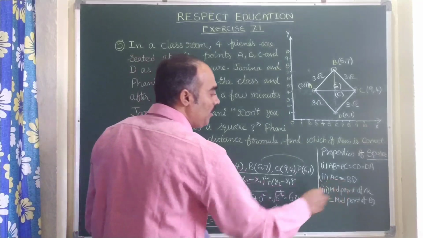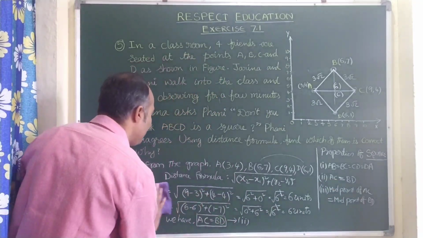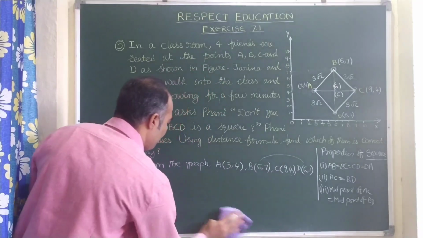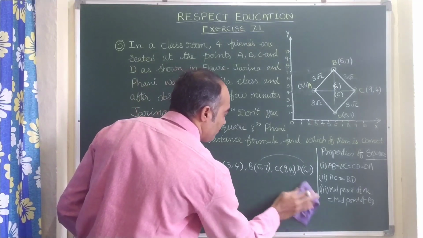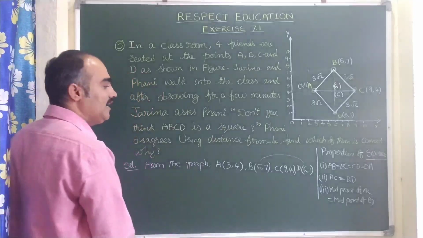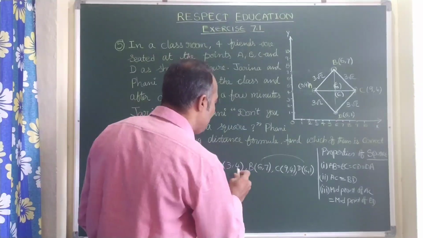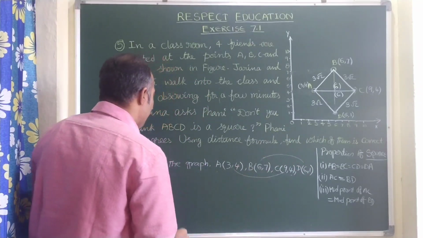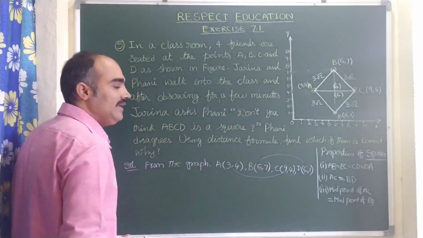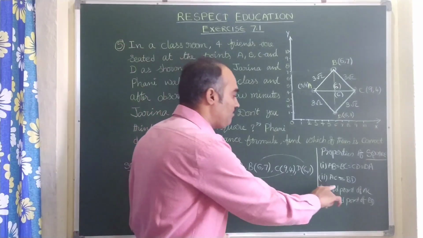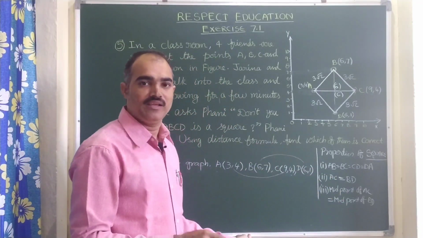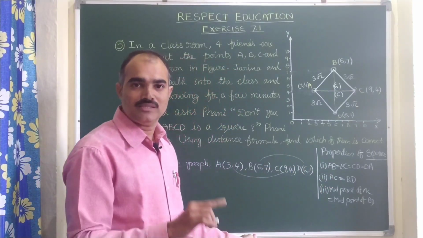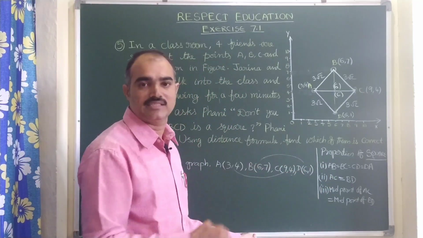The third property is the midpoint of AC and the midpoint of BD. Now let us find the midpoint of AC and then the midpoint of BD. Here A and C, here B and D, they are ready. Now there is a formula, children, for finding the midpoint. Actually it is based on the section formula, which is going to come in the next exercise.